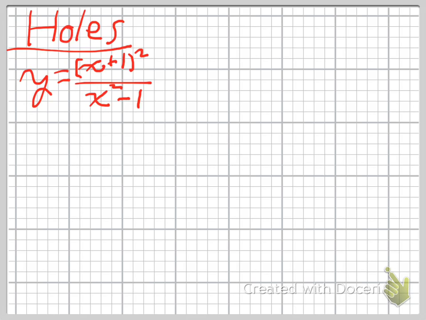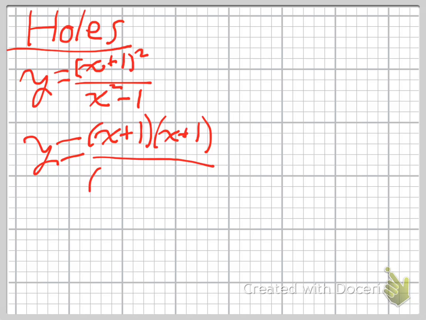So if we take this equation here, y equals quantity x plus 1 squared over x squared minus 1, we can factor that. Just to show you a visual representation. X plus 1 is x plus 1.